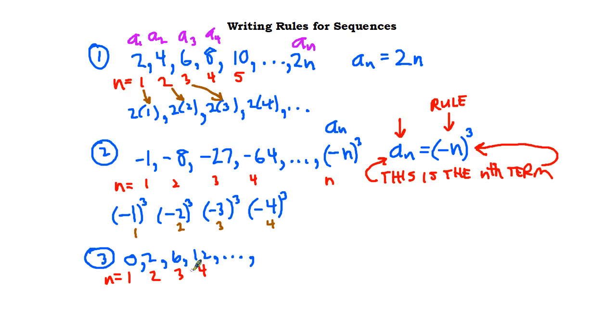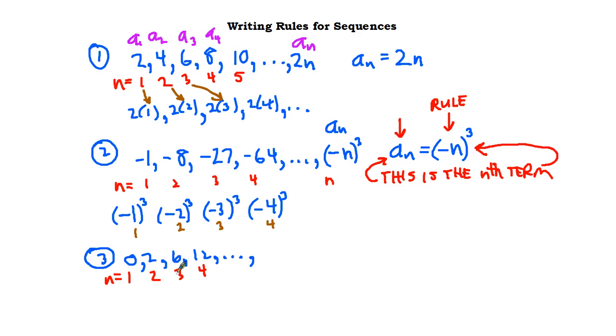I think this one's kind of weird. Instead of just having n be in one place, it looks to me like we need two different n's, because you'll notice that to get this 0, I need to do something like 0 times 1. And to get this 2, I'm not sure what to do, but to get this 6, I need to do something to this 3.